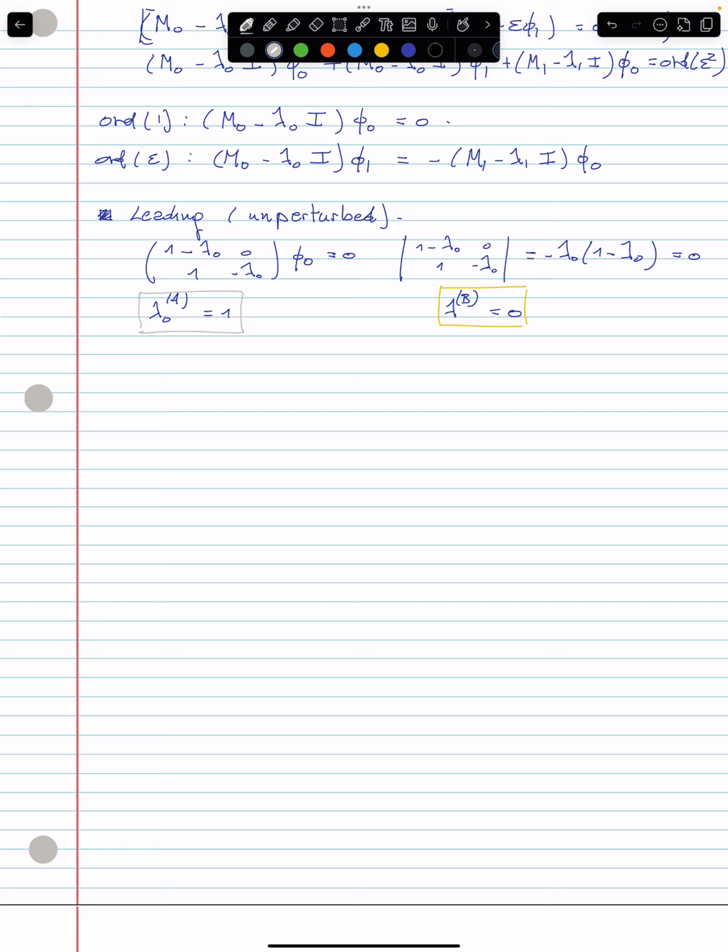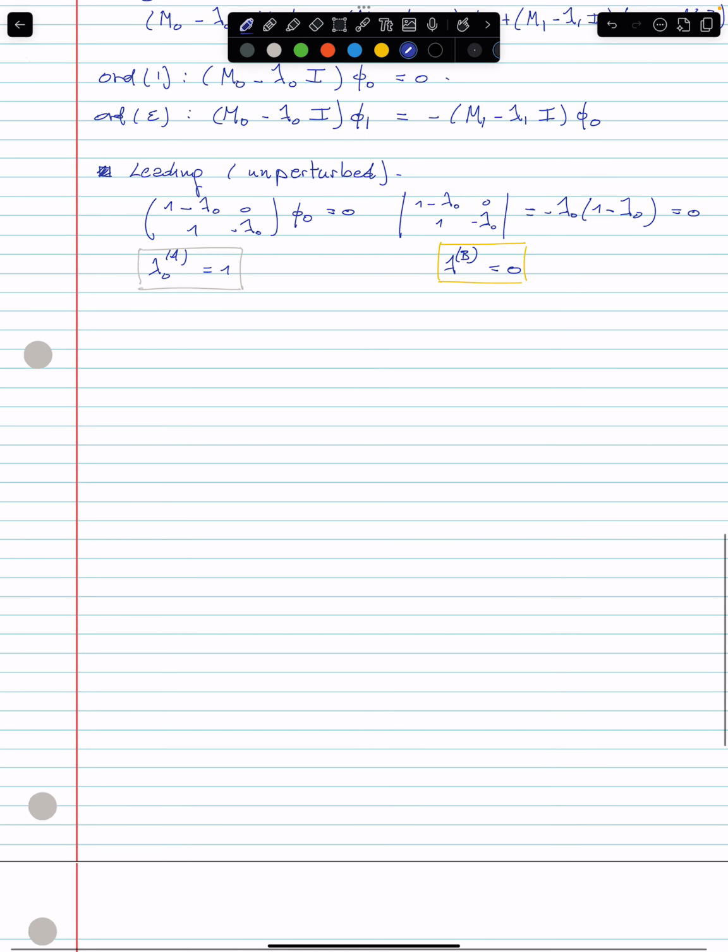Once this is done, we can get the eigenvectors at leading order. And this is where it is a little bit more elegant, I would say. Eigenvectors in the first case are obtained just by subtracting lambda A from the diagonal elements. So we end up with a matrix that is exactly like this, multiplied by phi 0 A equal to 0. And so we need to use the second equation here. You see the first one is useless.